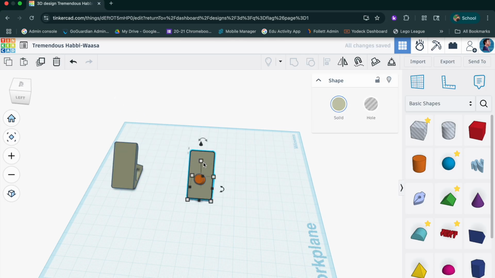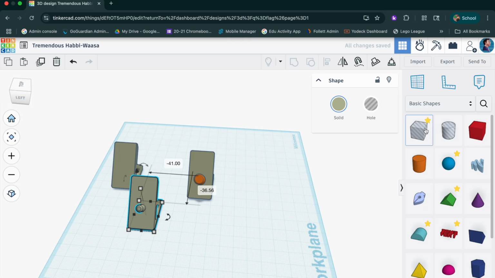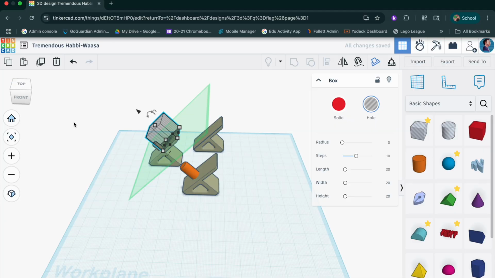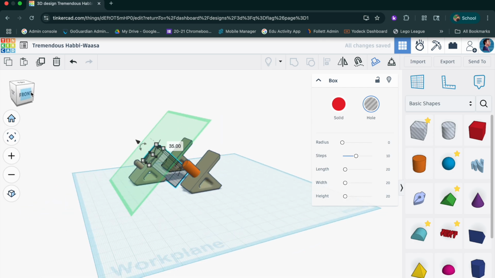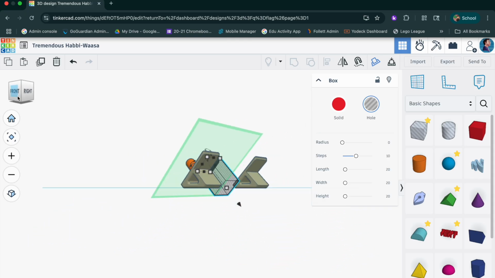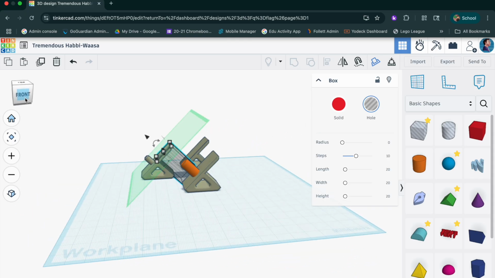Then I can duplicate that again and do the same process, but instead of erasing the cylinder, I can erase the rest of my piece here.